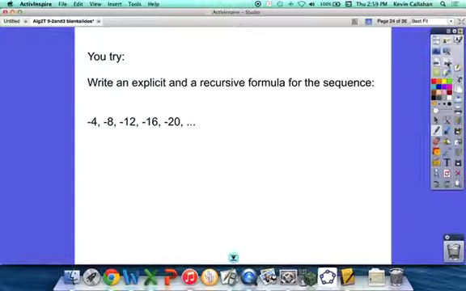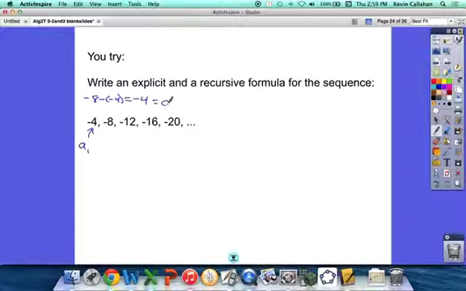Again, in this one, what was the A1? That's easy. I almost hate to ask that question. What is the D? -4, right? These numbers are getting smaller. So again, if you do the difference, you could say the second term minus the first. -8 minus -4, which is -4.